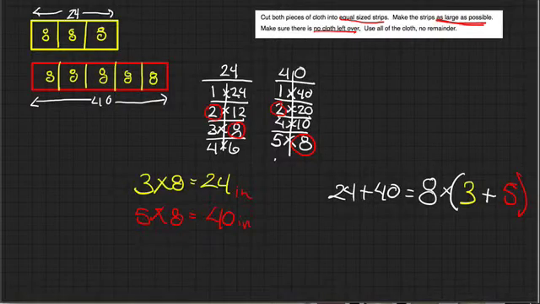That was the common factor, 8. And we took that factor out, and this is what we were left with, 3 and 5.